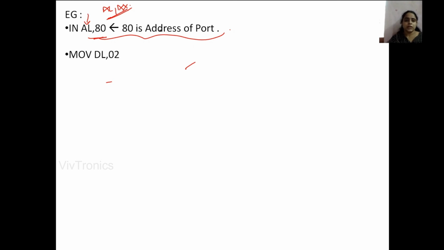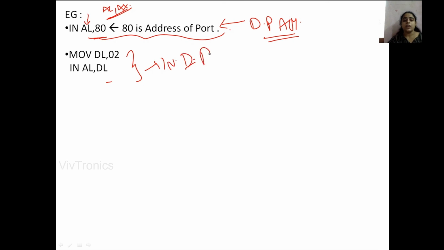MOV DL, 02 then IN AL, DL is direct port addressing mode, and the DX form is indirect port addressing mode. You don't have these in the syllabus, but I am telling you the names. If you have interfacing, only then do port addressing modes come into the picture. We don't have interfacing concepts in our syllabus, so these won't come up.